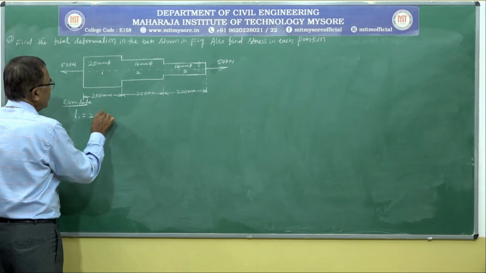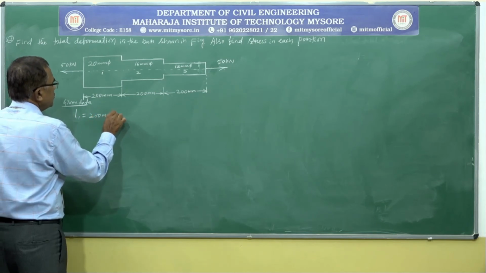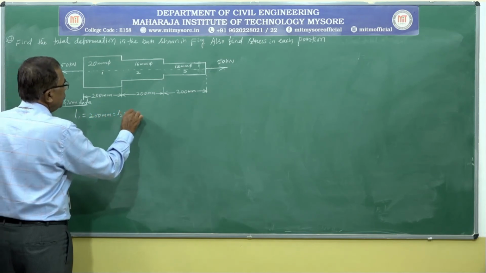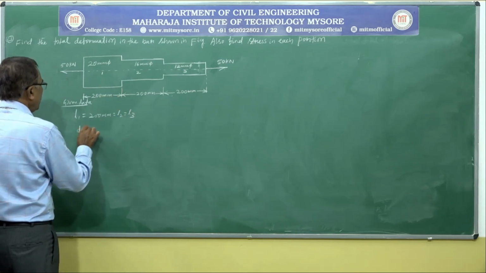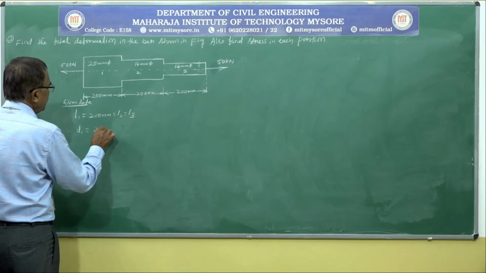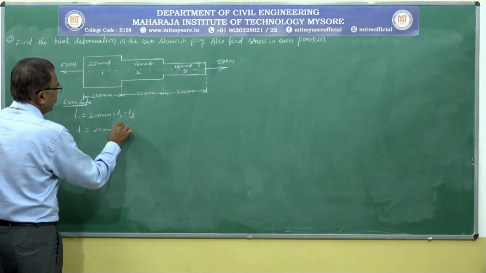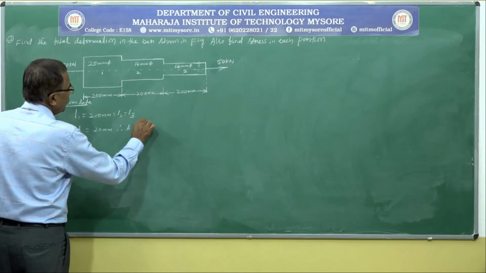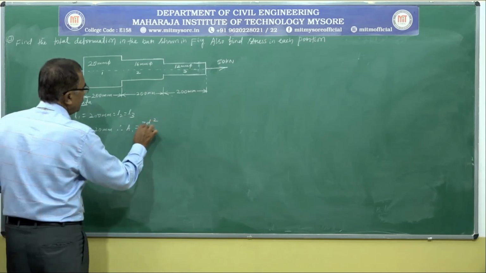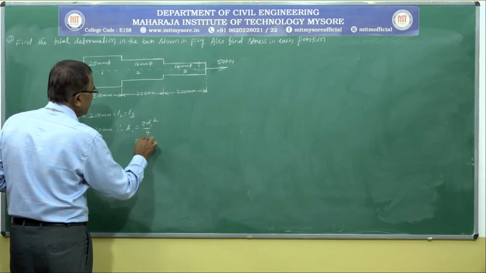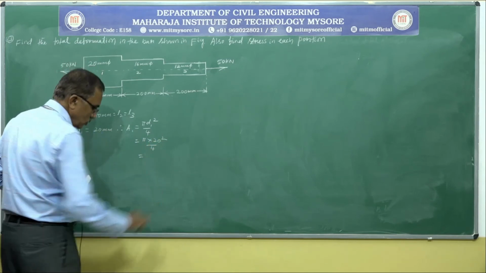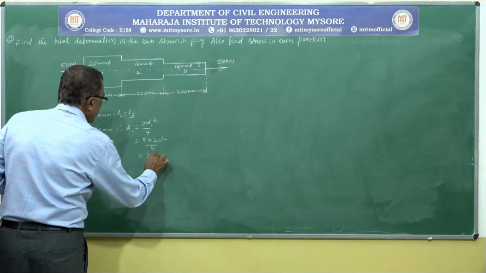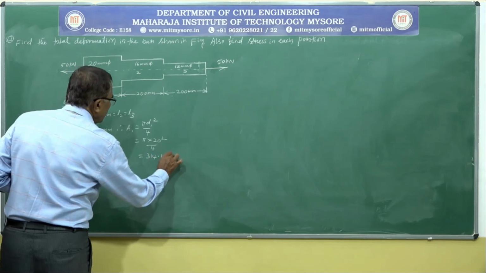L1 is equal to 200 millimeter, that is equal to L2, that is equal to L3. D1 is equal to 20 millimeter, therefore A1 is equal to pi D1 square divided by 4, that is pi into 20 square divided by 4, that is equal to 314.15 millimeter square.